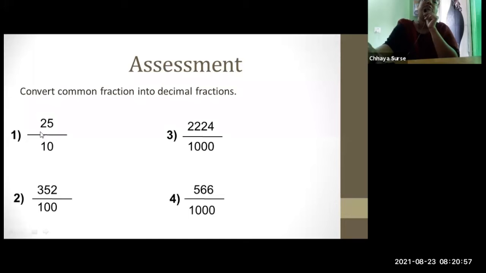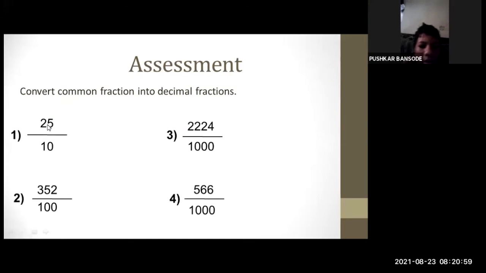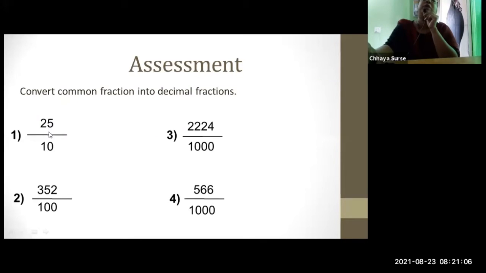So read the fraction. 25 upon 10. Now we want to convert this number into a decimal fraction.